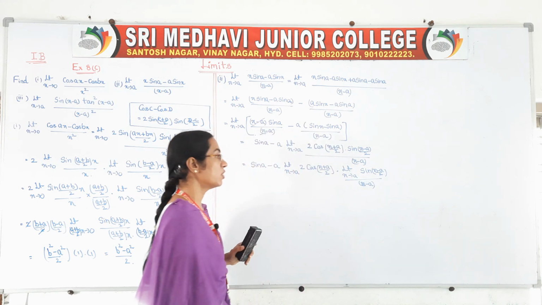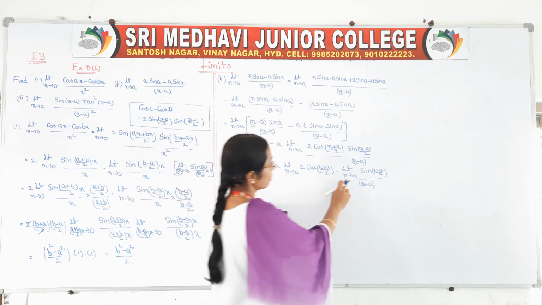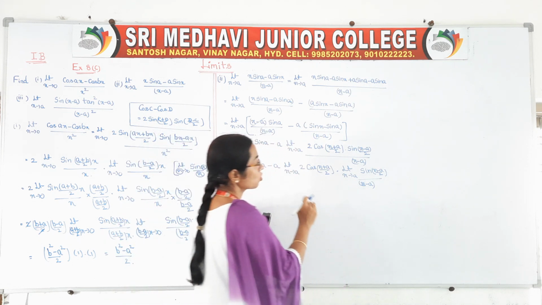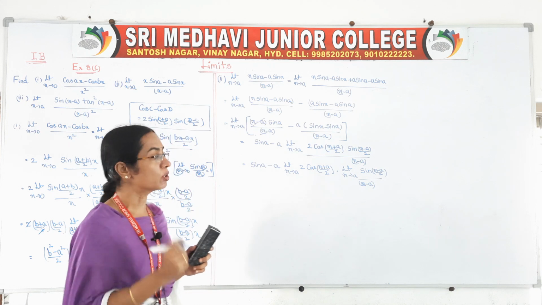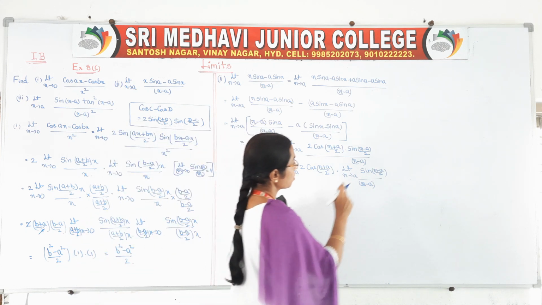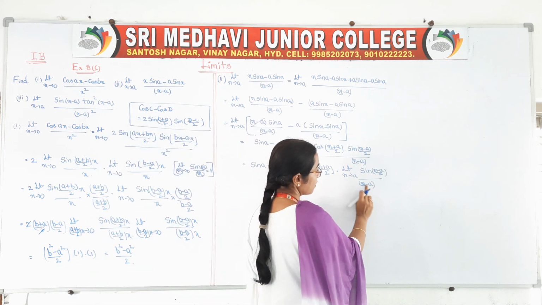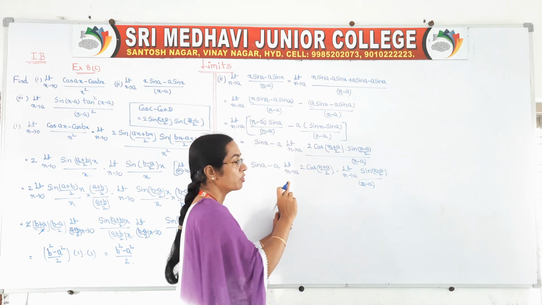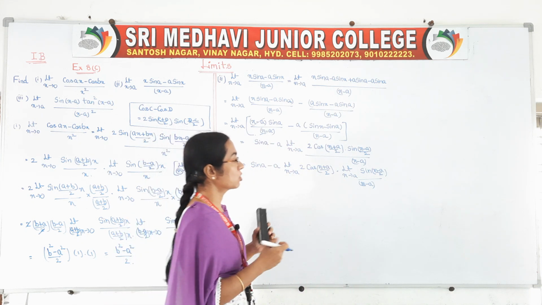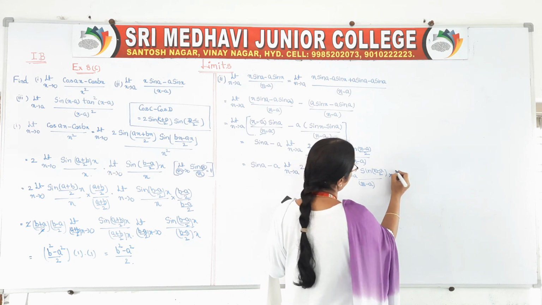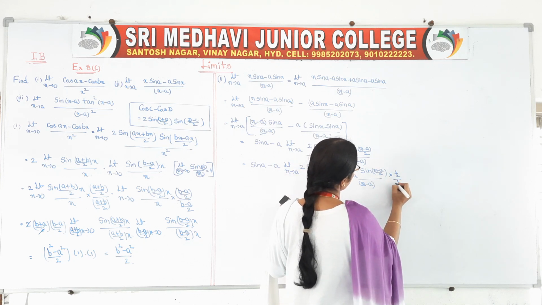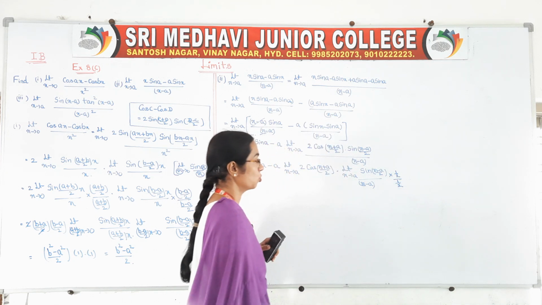So observe carefully. Now again the standard formula, limit x tends to 0, sin x by x is equal to 1. So 3 values must be the same, this one and this one and this one. So here we need by 2. That's why we will multiply and divide with 1 by 2.